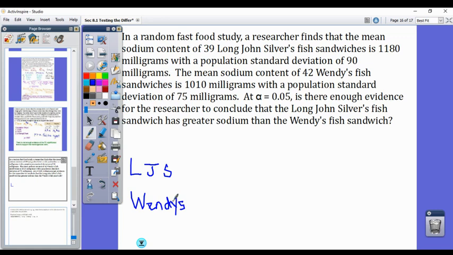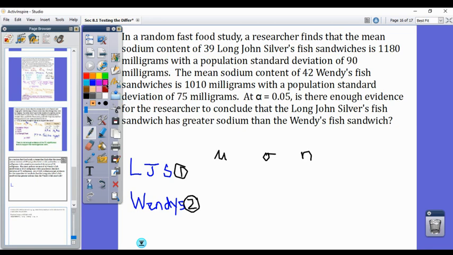So we're going to call Long John Silver's 1. And we're going to call this one 2. Okay, so we're going to put our mean, we're going to put our standard deviation, and we're going to put our sample size, and then we're going to plug it all into the calculator.